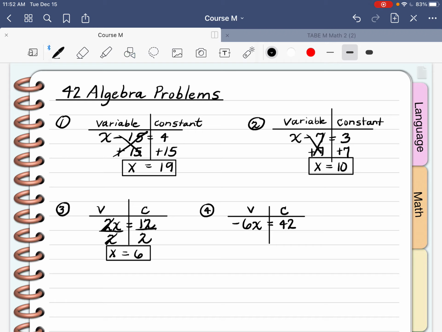Variable on the left, constant on the right. Divide the coefficient, the negative 6. So x is negative 7. Just put that answer on the back of number 4.